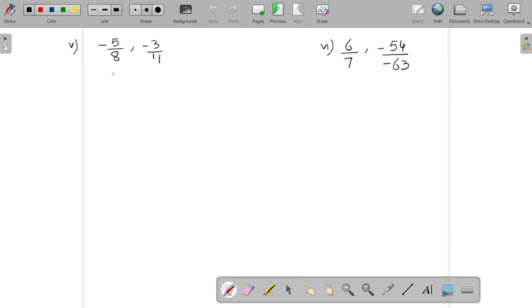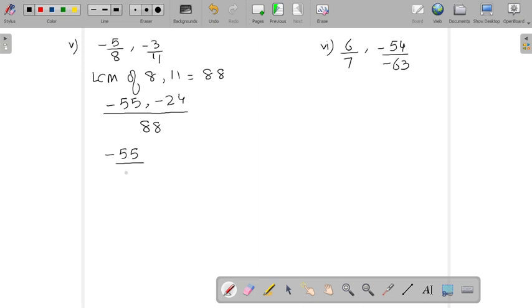Similarly in the fifth part, the denominators are positive, so we will find the LCM directly. The LCM of 8 and 11 would be 88. Divide from below, multiply from above. So minus 55, minus 24. Write them separately.